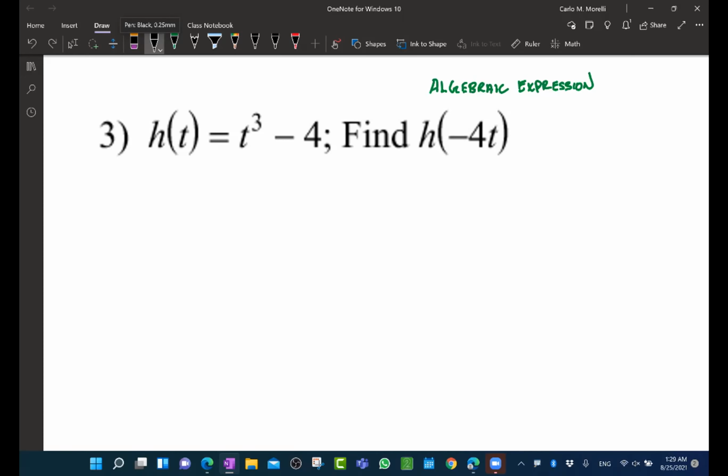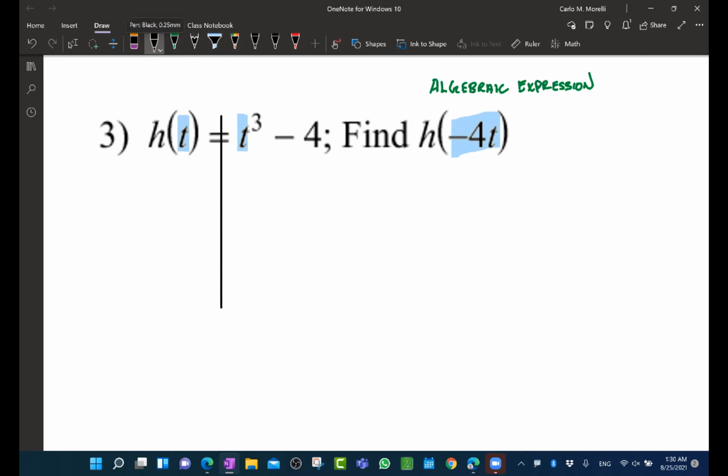So what am I going to do next? I'm going to grab my ruler. Okay. Now this time we're going to substitute in the whole algebraic expression negative 4t everywhere we see a t. Okay. So that's where the parentheses become really, really important.